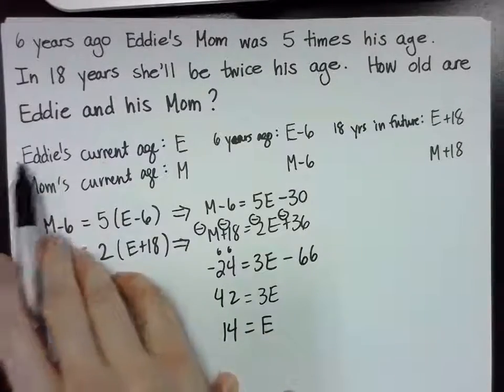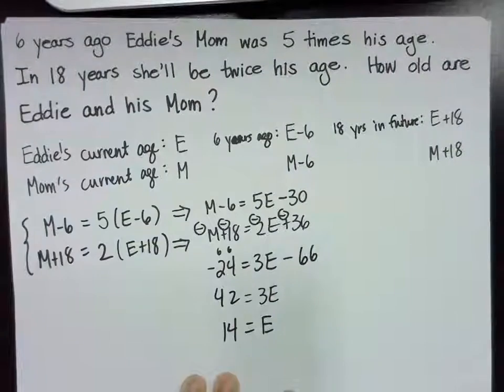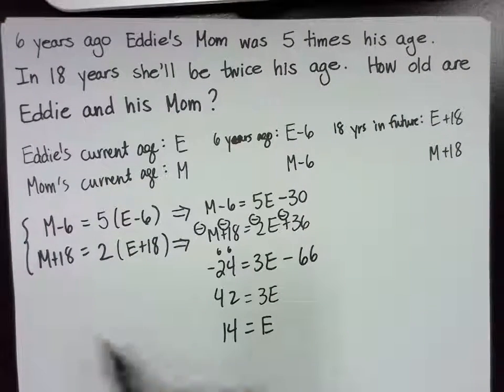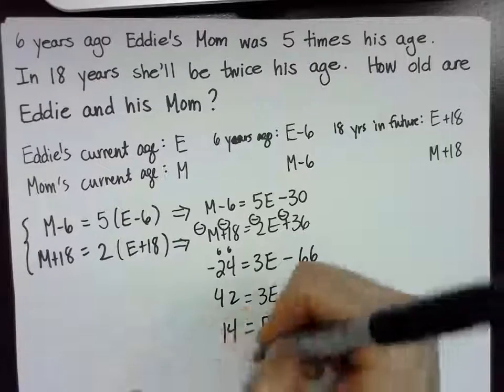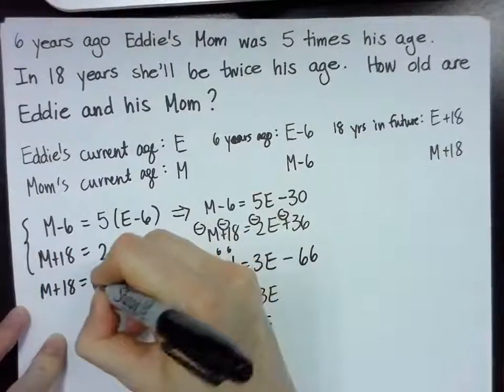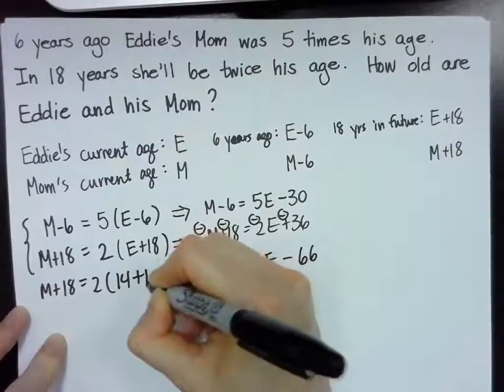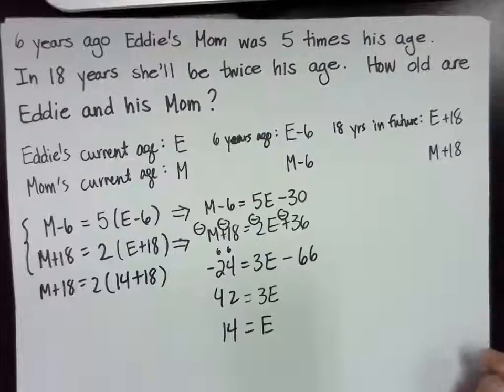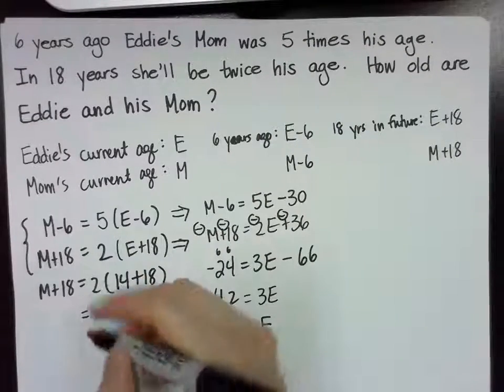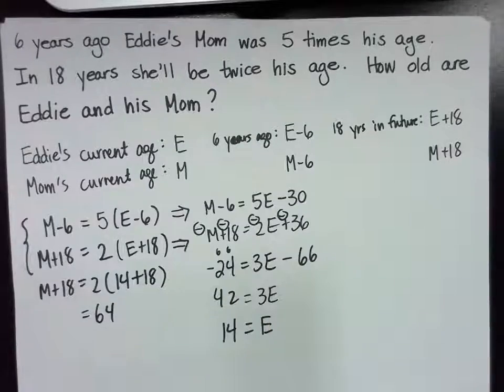Okay, so that gives us Eddie's current age of 14. And now we just need to substitute that into one of these equations to figure out the M. Just stick it here, so M plus 18 will be 2 times 14 plus 18. 14 plus 18 is 32, so this is 64.